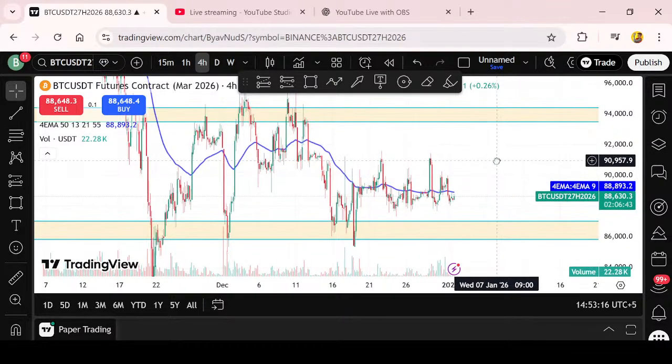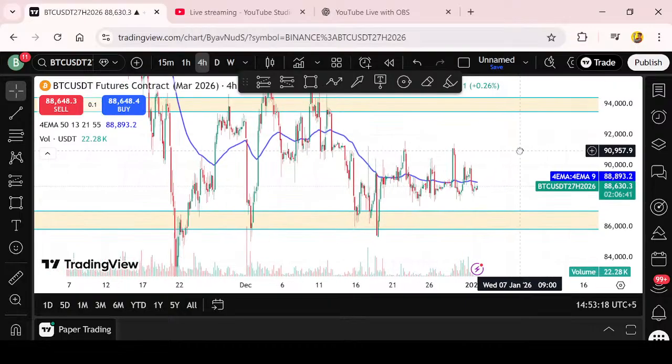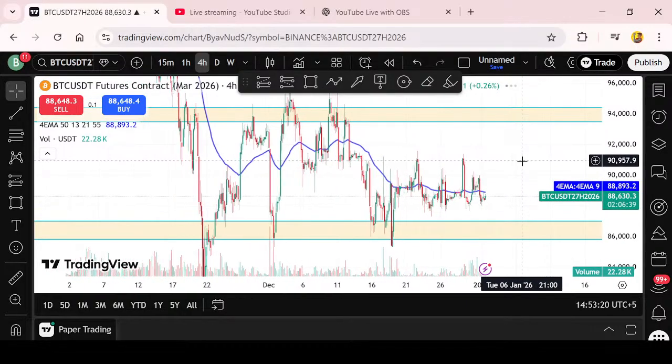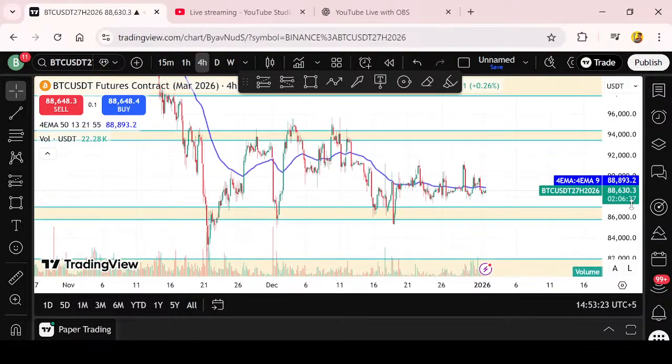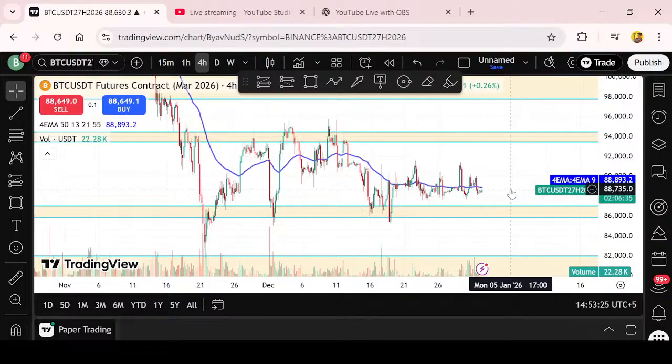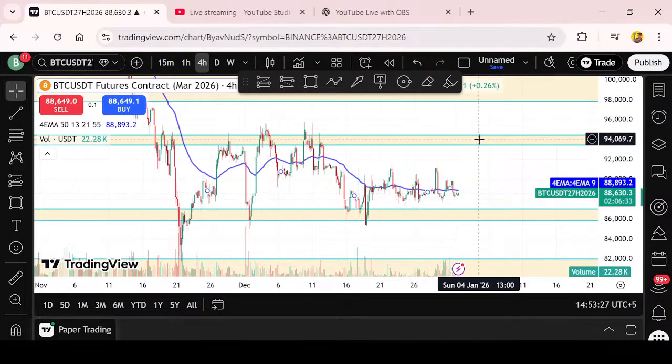Now we are on the 4 hour time frame, and let's take a closer look. Here you can clearly see that these two are the supports and resistance on the daily time frame.